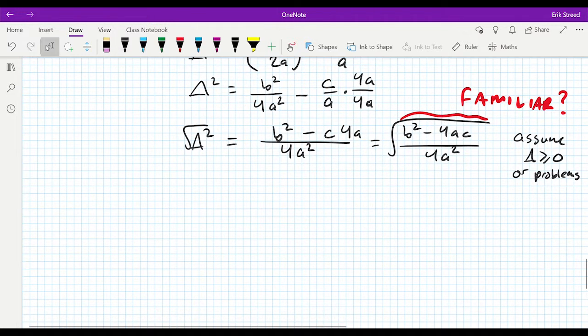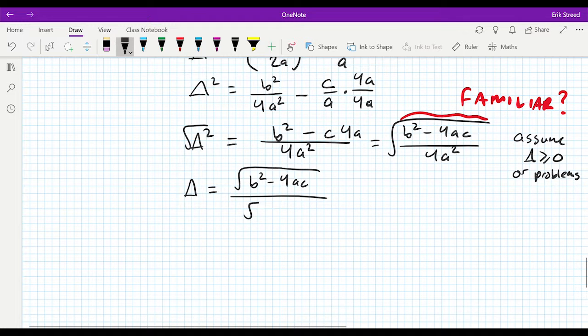But if it's a problem, it means that we don't have any real roots, which means that it's a problem in and of itself. So we've got delta is equal to the square root of B squared minus 4AC.